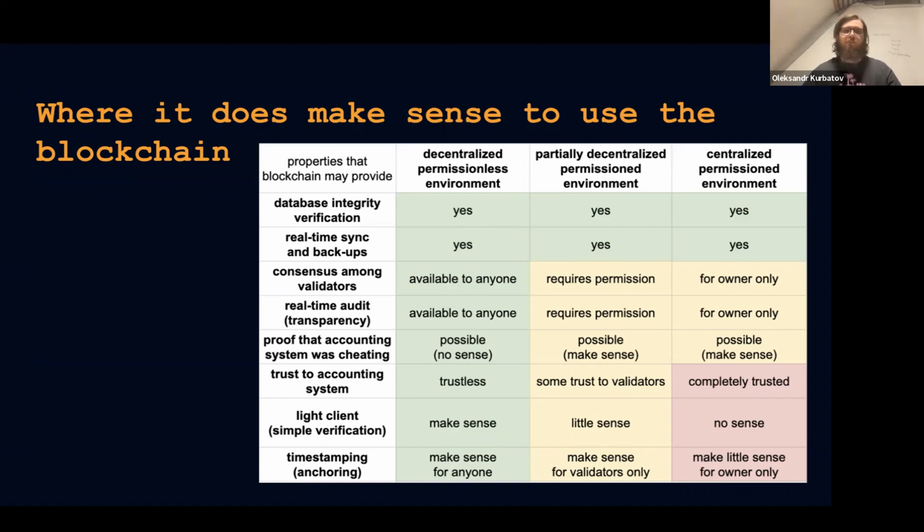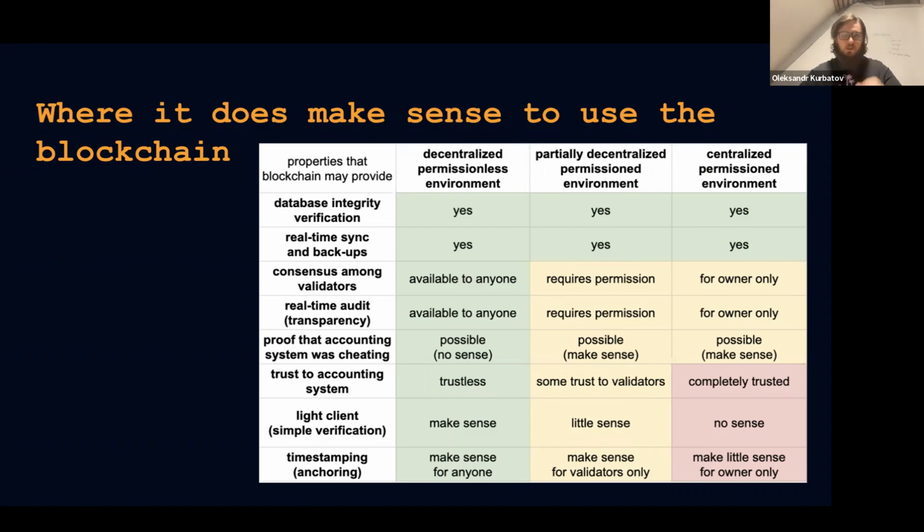Creating a separate copy of the database block by block will allow you to back up your environment at any time and be sure that the main copy of the accounting system, the main state, wasn't modified or corrupted.